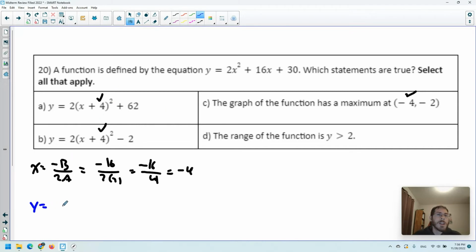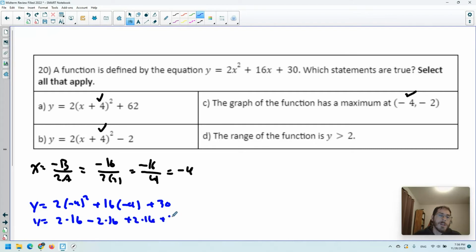We've got to plug this in now. So y equals 2 times negative 4 squared plus 16 times negative 4 plus 30. So y equals 2 times 16. Well, 16 times negative 4 is minus 2 times 16 plus 2 times 16 plus 30.